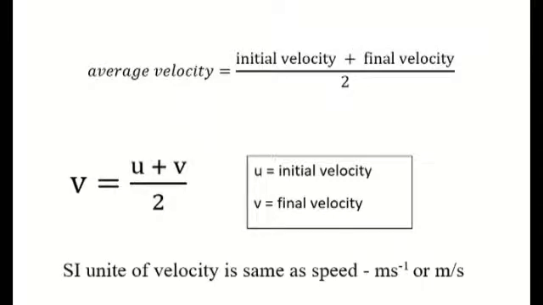Mathematically, we can write v equals (u plus v) by 2. Here, u is initial velocity, v is final velocity. The SI unit of velocity is the same as speed, that is meter per second. Let us solve problems on average velocity.